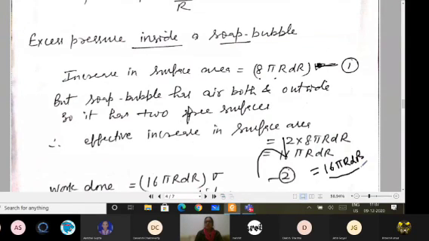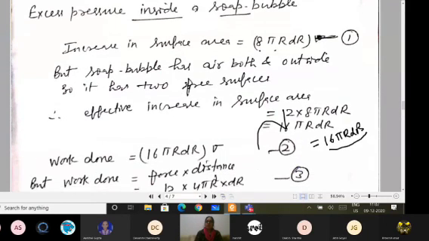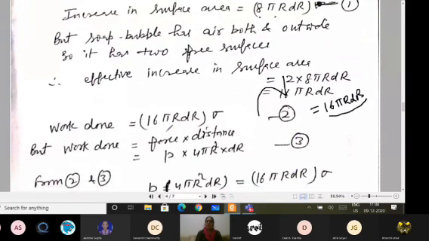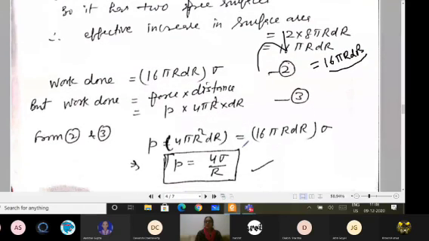This is the value for the increase in surface area, and so work done will be equal to increase in area into surface tension, but it can be written as force into distance also. So again I'm getting these two equations for the work done, and when you equate these values, I'm getting the excess pressure equal to 4 sigma upon r.